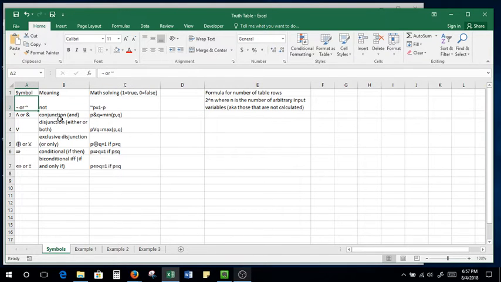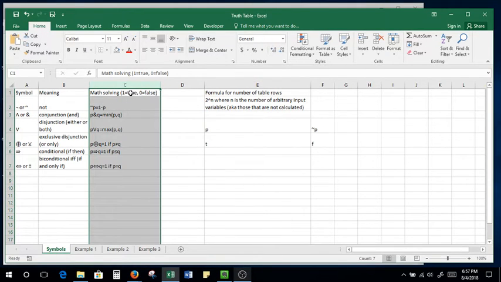So this means not. So we put this in front of a value. So we've got P and not P. If P was true, then not P would be false. In this column, we're going to assign a 1 to a true statement and a 0 to a false.